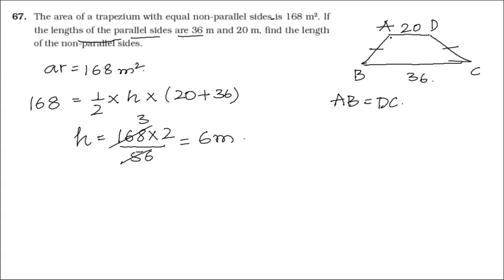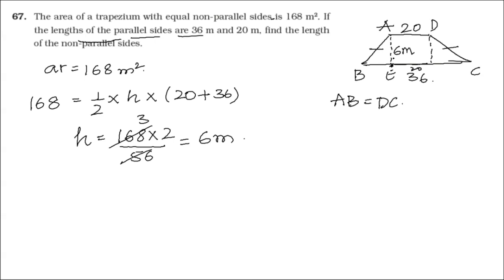If I do a small construction, if height is considered here, we are going to get a right-angled triangle. For this right-angled triangle, this is 6 meters. From here to here it is 20. If you draw one more perpendicular, this will be 20.